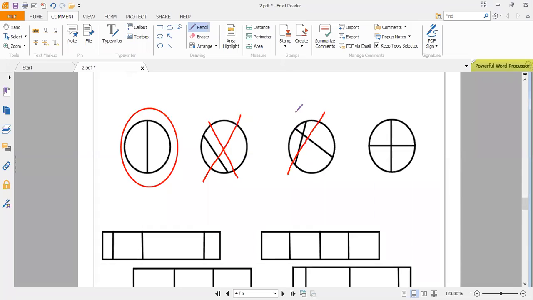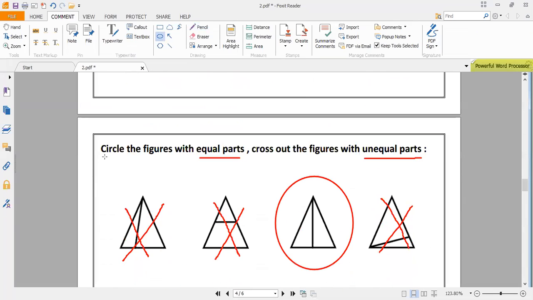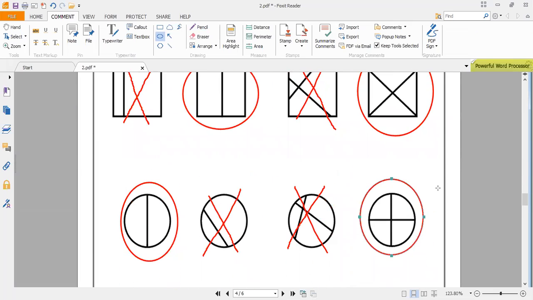Like the fourth one. These parts are not equal. Equal, so we're going to choose it. Circle it. He said in the question, Dalida, circle the figures with equal parts. Cross out the figures with unequal parts. Okay? Thank you, Dalida. Good job.